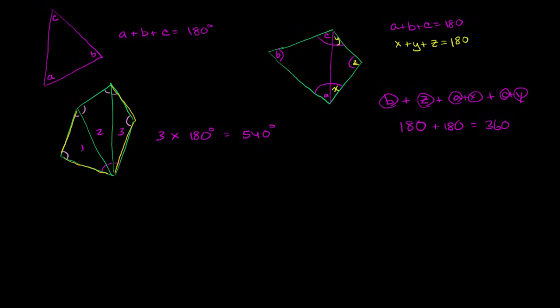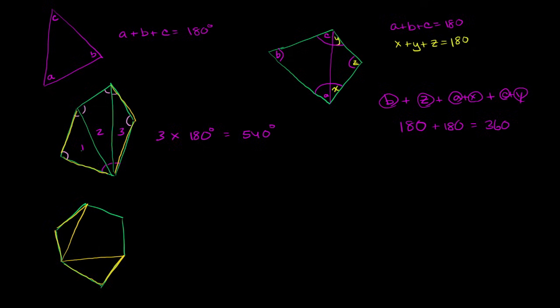Let's experiment with a hexagon. And I'm just going to try to see how many triangles I get out of it. So 1, 2, 3, 4, 5, 6 sides. And I can get one triangle out of these 2 sides of the actual hexagon. I can get another triangle out of these 2 sides of the actual hexagon.